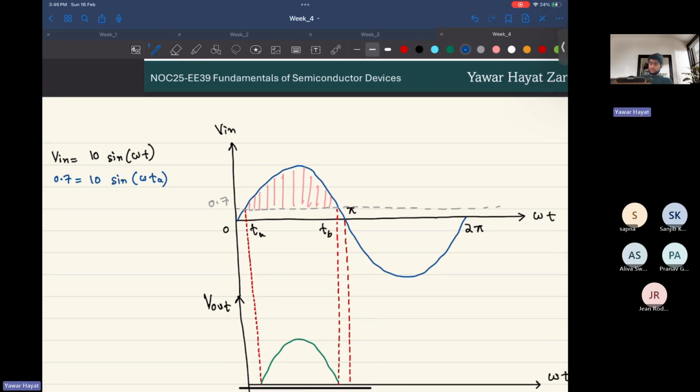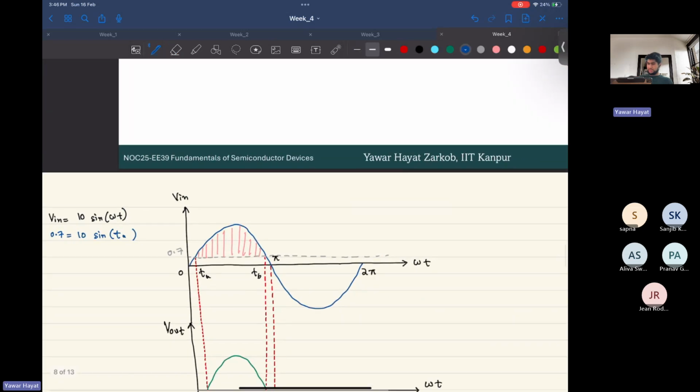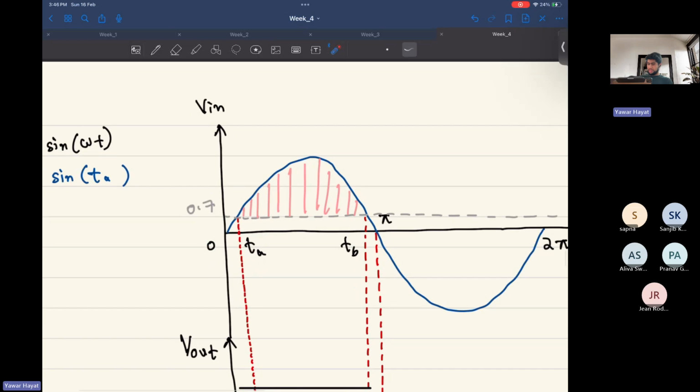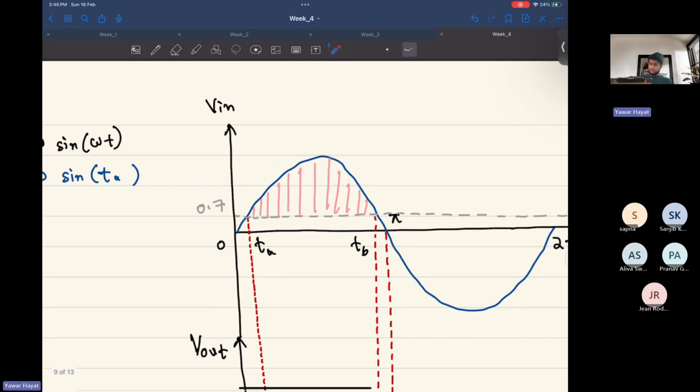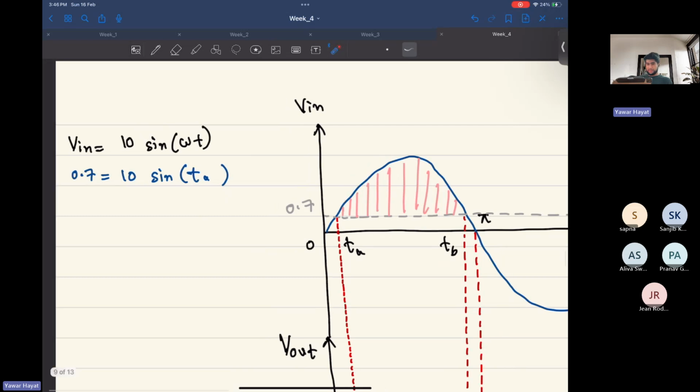Okay, wait. I should replace this whole omega t by TA, because this is the omega t axis, right? And I'm writing omega t is equal to TA.